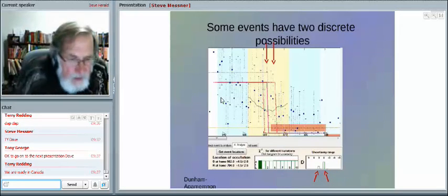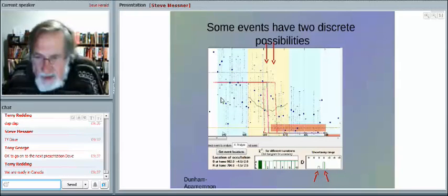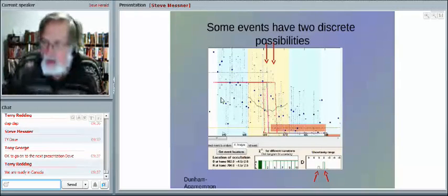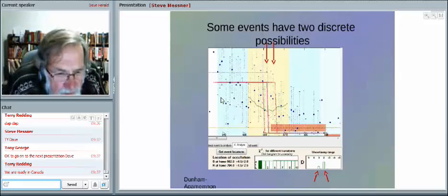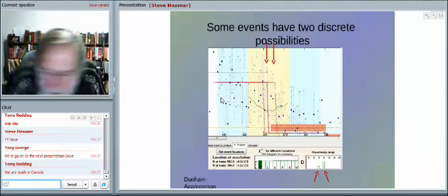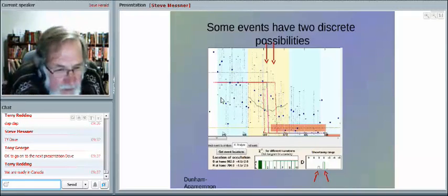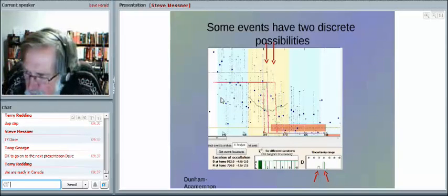This is a different event, with very low signal to noise. When you look at the uncertainty range at the bottom right, from the Monte Carlo analysis, there are two quite discrete peaks in the uncertainty.